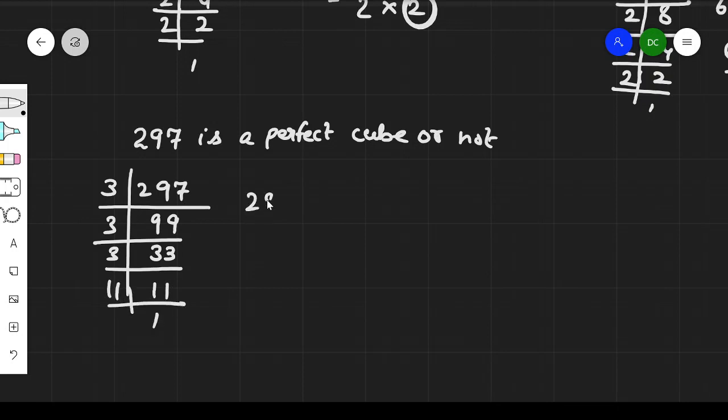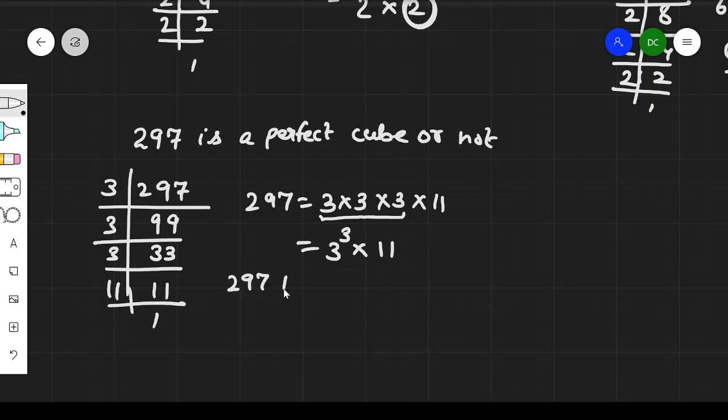So 297 we can write as 3 multiplied by 3 multiplied by 3 multiplied by 11. As we can see, the triplet of 3 is here but 11 is alone. So we can say 297 is not a perfect cube. If we had got the triplet of 11, then 297 would have been a perfect cube, but 11 is alone, so it is not a perfect cube.